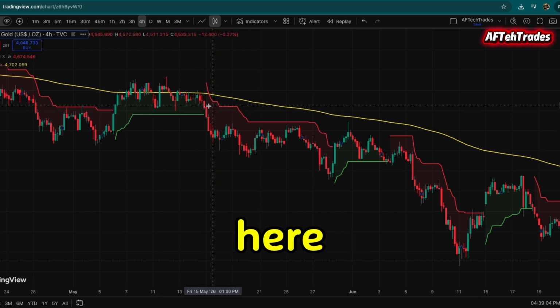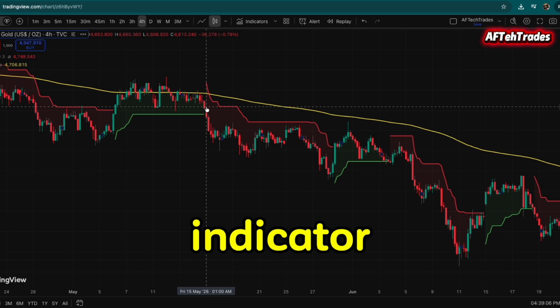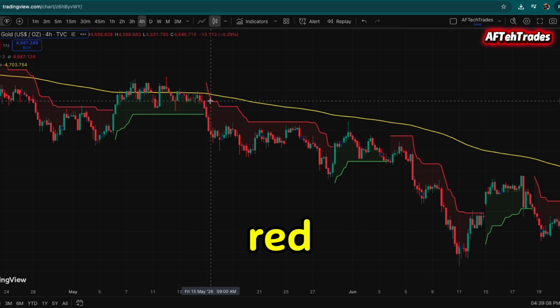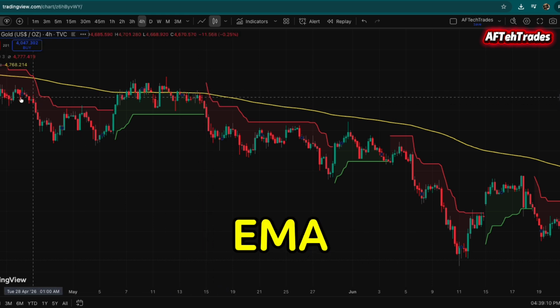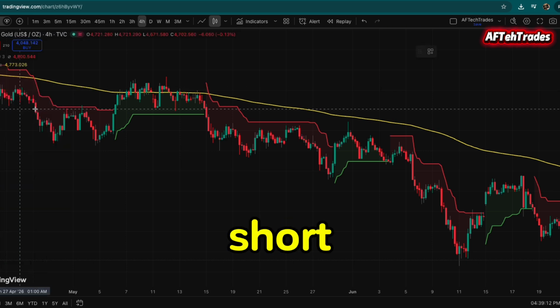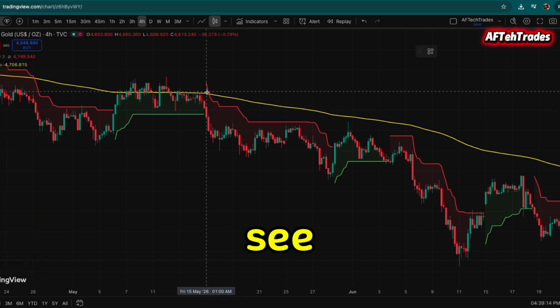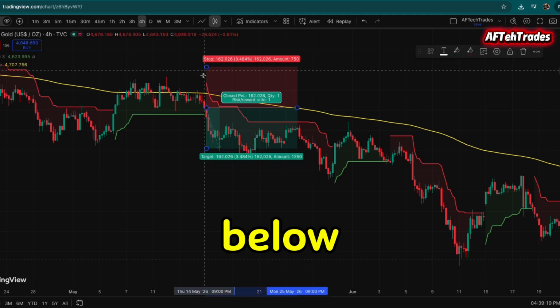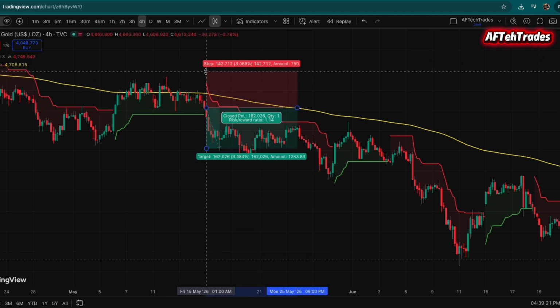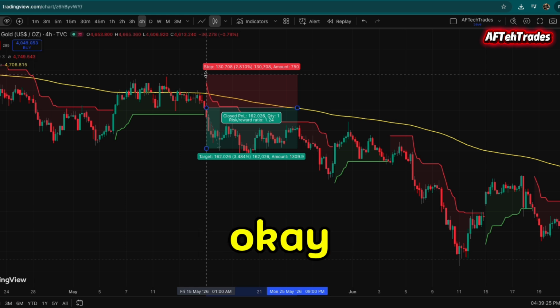Now here the indicator shows that it is now red and it is below my 200 EMA. What will I do? I will enter for a short position. Immediately I see that this has changed to red and it is now below my 200 EMA, I will enter a short position, okay?